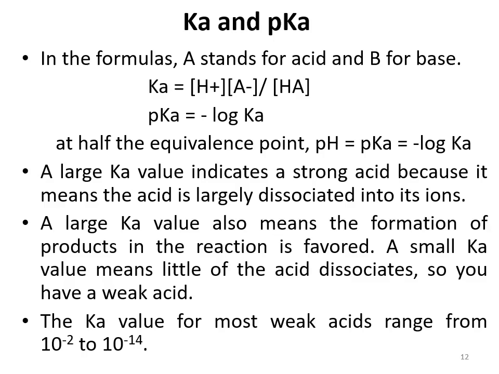So you can say that if the Ka value is large, the acid is strong, and if the Ka value is small, the dissociation is poor, so it is a weak acid.